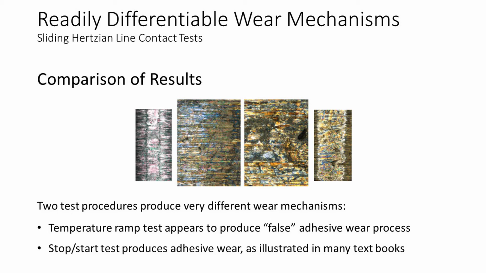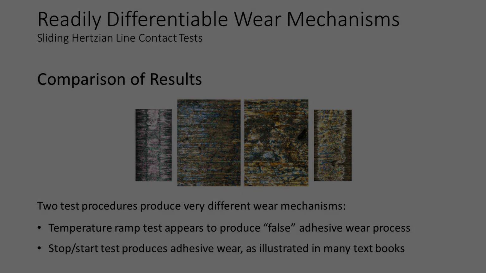If we consider scuffing to be either the onset of adhesive wear or at very least some form of adhesive wear process, we should at least use tests that, on examination, actually produce adhesive wear and not some other mechanism.